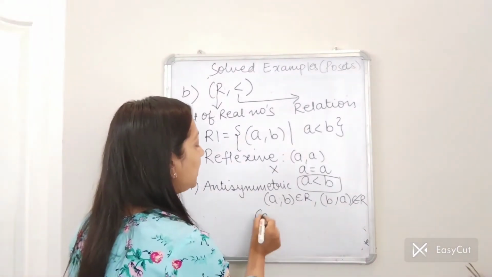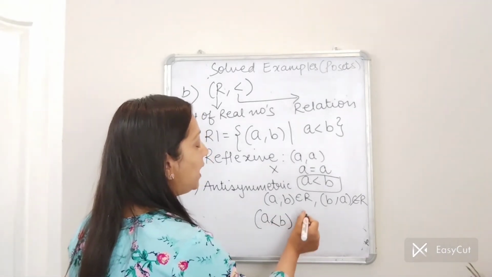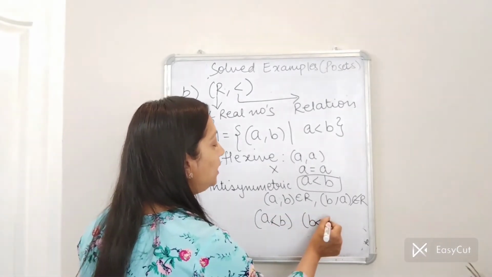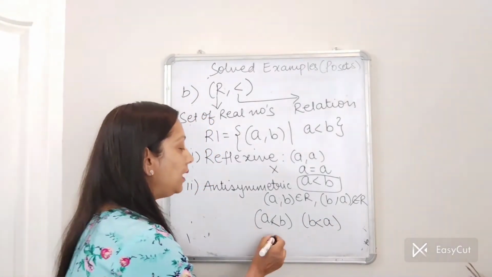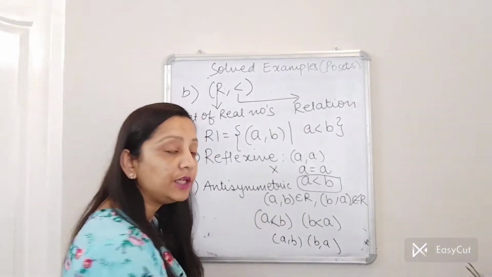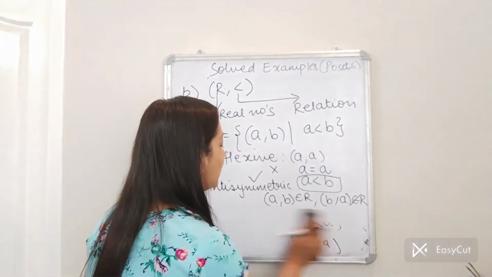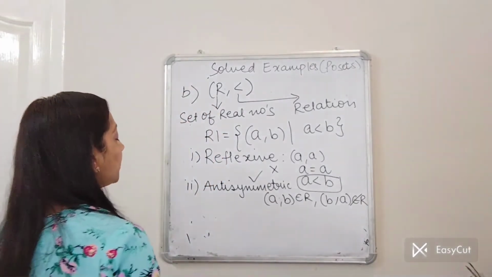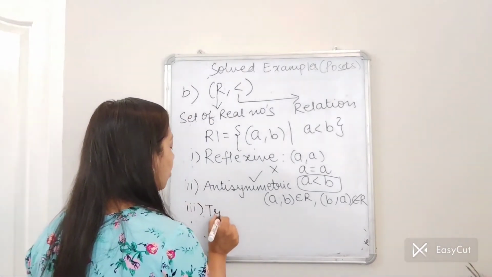If I say A is less than B, then it's quite obvious that B cannot be less than A. That means if AB exists, then BA cannot exist in this relation. Hence, yes, it is antisymmetric.